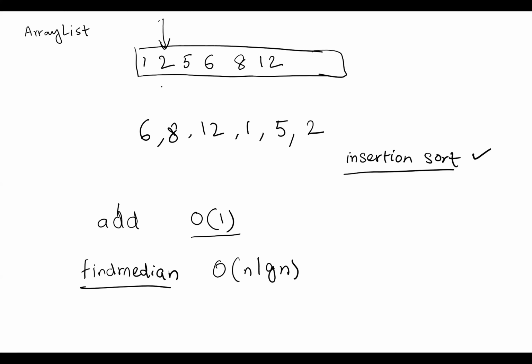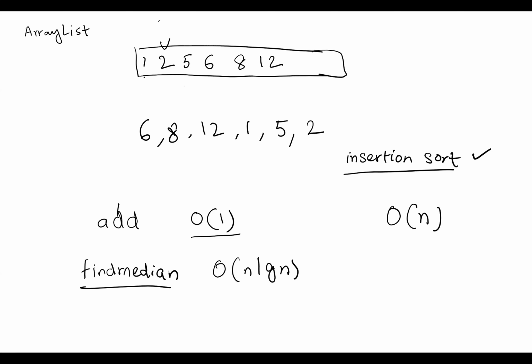Now you can see add becomes a little bit costlier. To add 2 here, we had to move everything one place. In the worst case, there might be n items, each of which we have to move one place. So add now becomes order of n. But the good thing is find median now becomes super fast.